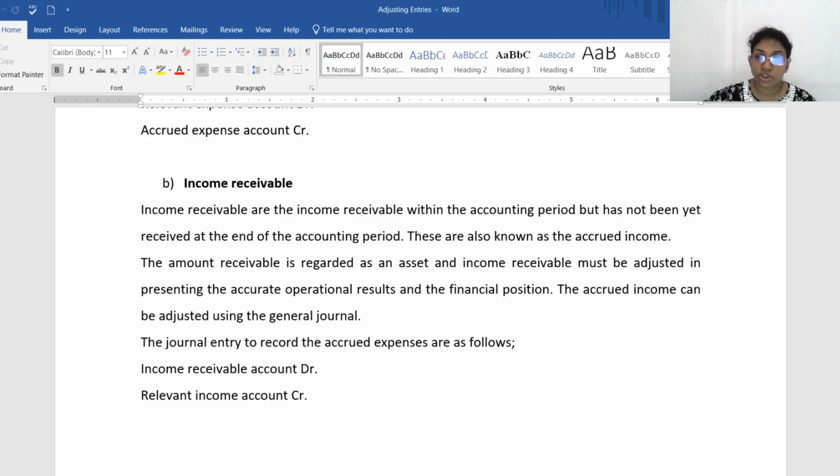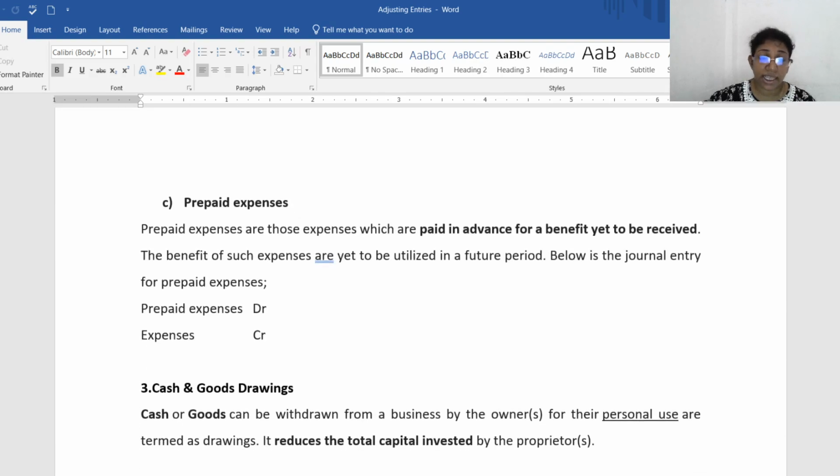Then we are going to move into the next category, that is the prepaid expenses. If we are going to pay insurance for a particular period, and we have more money to cover these expenses, and we know that this is a fixed payment for the particular period of time, we can pay it in advance.